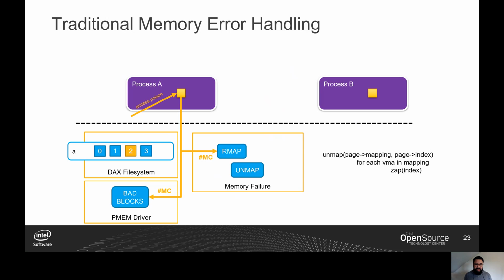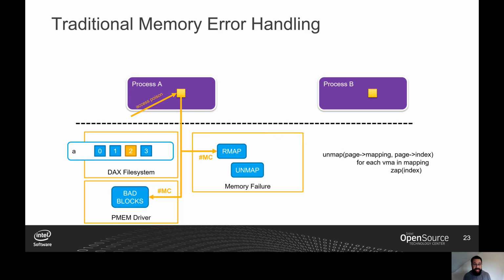So in the first part of the scenario, process A has mapped the page, it tries to access it, and it consumes the poison, and the CPU takes a machine check exception. The machine check exception notifies a couple of subsystems in the kernel. It notifies the PMEM driver itself, so the PMEM driver can say, whoops, we have a bad block here.